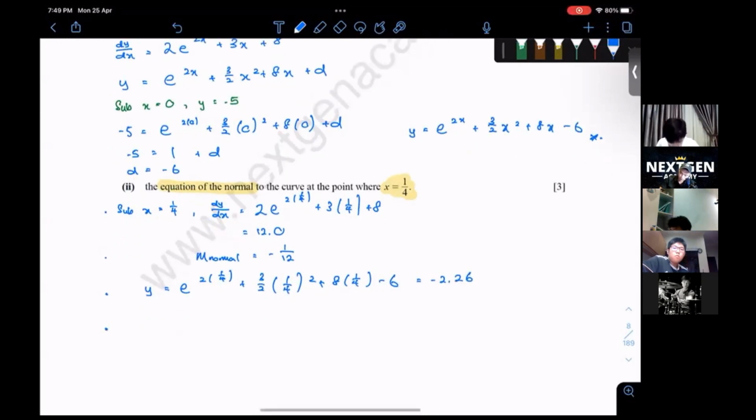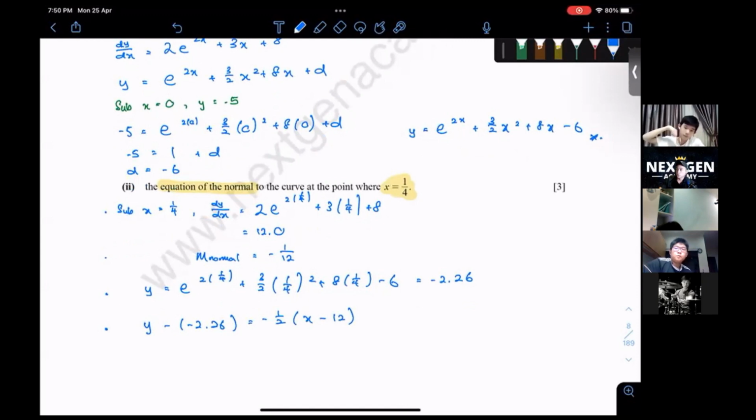Then only you do the y minus y1 equals to m(x minus x1). Okay, anyone don't know this formula or not? All know or not? Okay, all can, this formula.